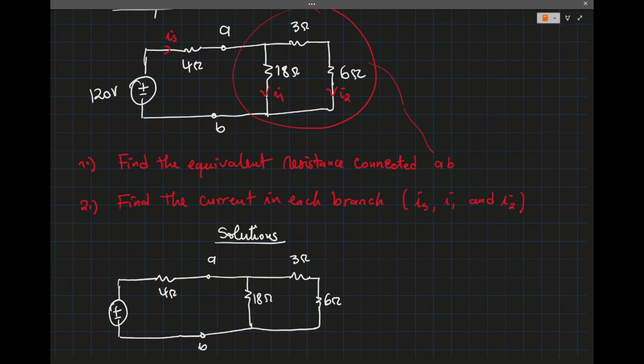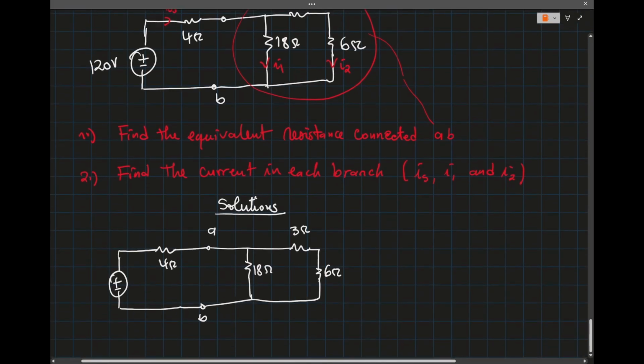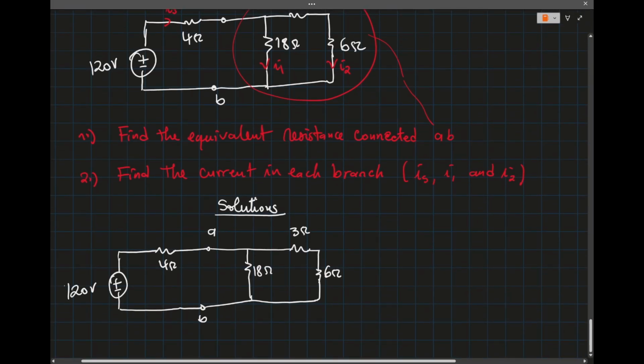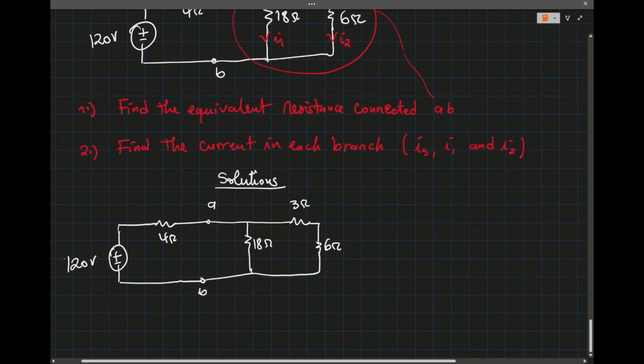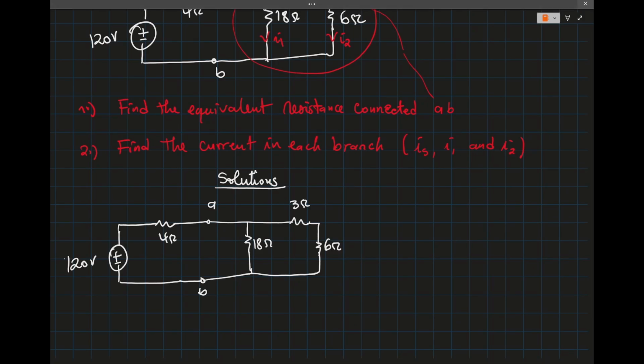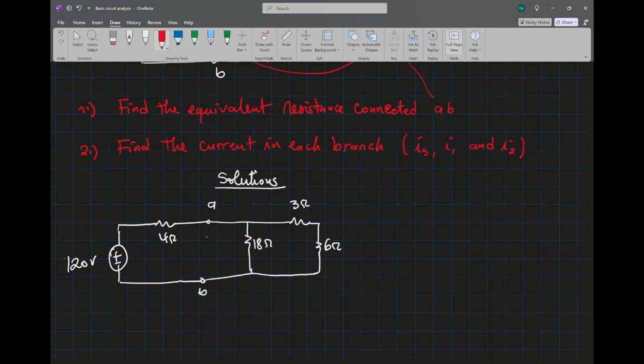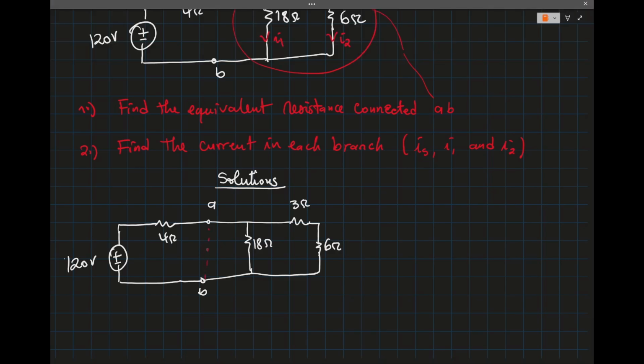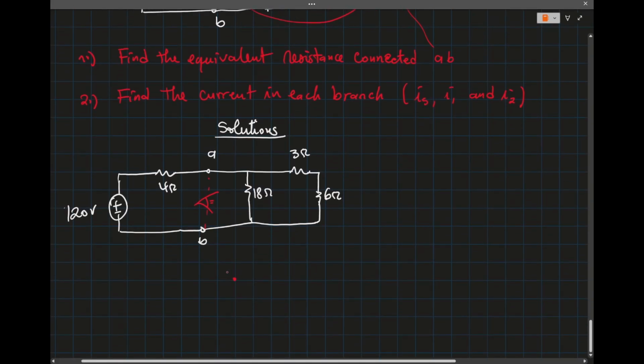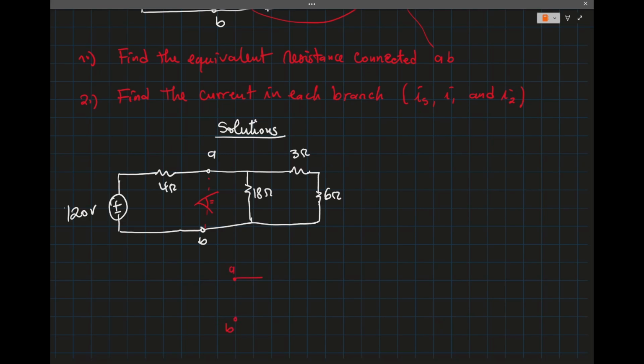Okay, so now, to find the equivalent resistance, we wanted to find the equivalent resistance looking through A and B. So looking here, the network that's connected to A and B to the right is this.